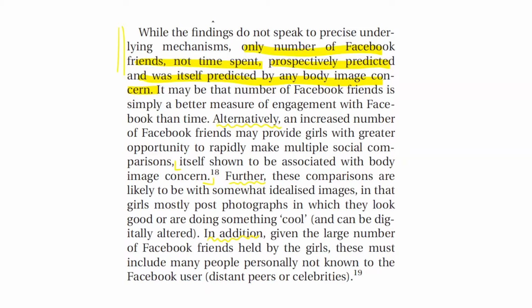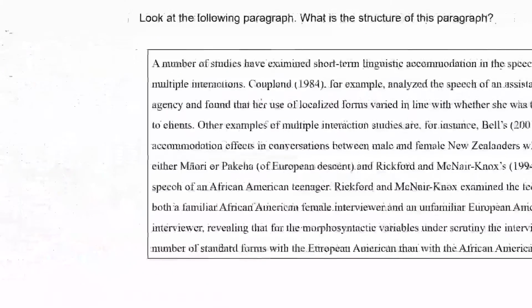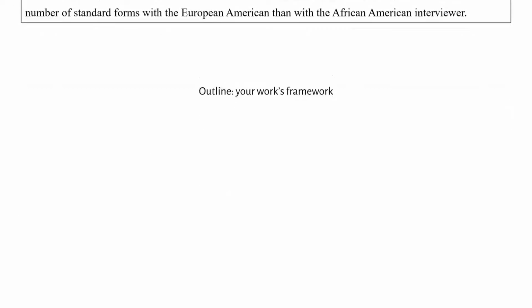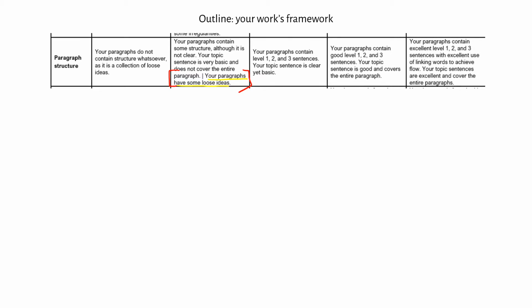Or it might be related to what they think of people. Those things are not related to your topic sentence, and you want to avoid having these loose ideas. So, and if you look at the insufficient part, we see your paragraphs do not contain structure whatsoever, and it is a collection of loose ideas, and we don't want that, obviously.